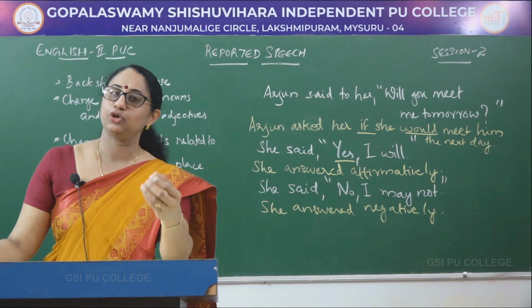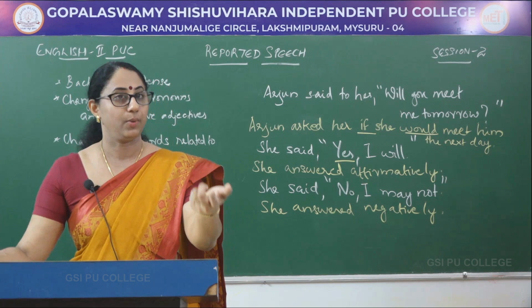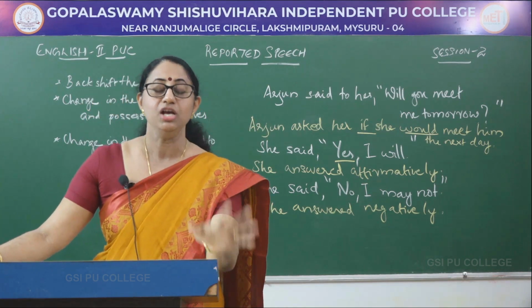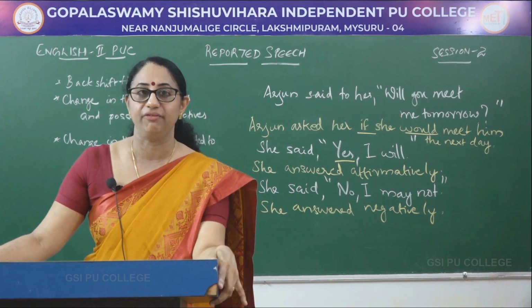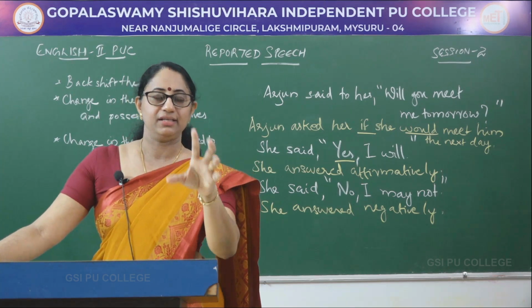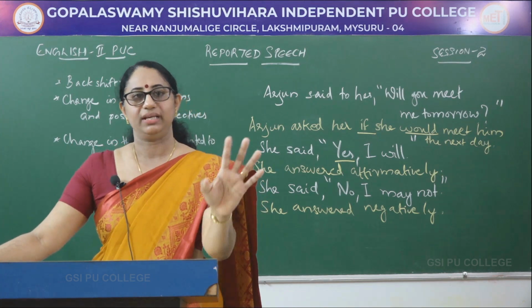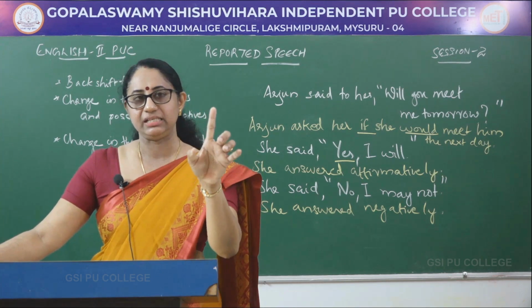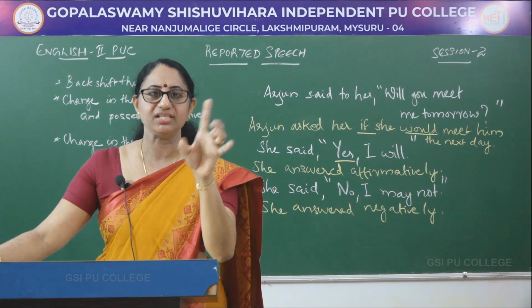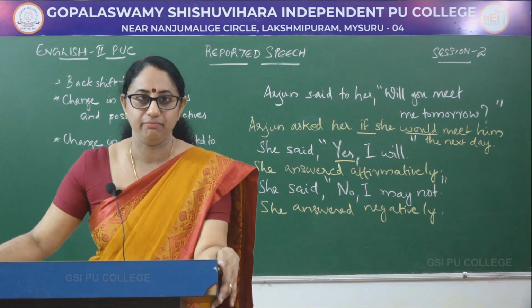When I say sentences, it could be any kind of sentence. It could be an assertive sentence, a question or a request, etc. So 5 sentences would be given, and if you convert these 5 sentences into indirect sentences correctly, you will get 5 marks. So each sentence for the transformation carries 1 mark. So 5 into 1 is equal to 5 marks.